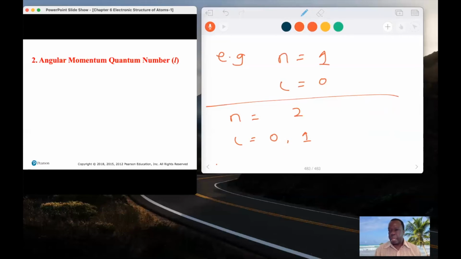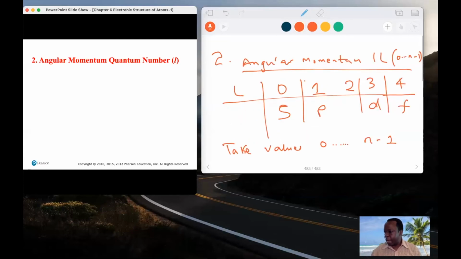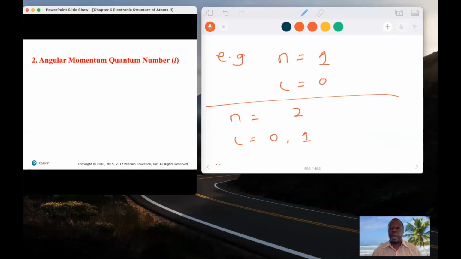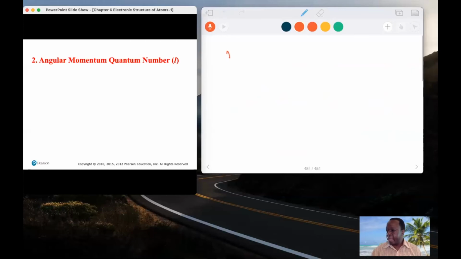I'm trying to explain what I mean by this: you need to know the value for n first. So if n equals 3, l could be 0 all the way to n minus 1, which means 0, 1, and then 2, of course.